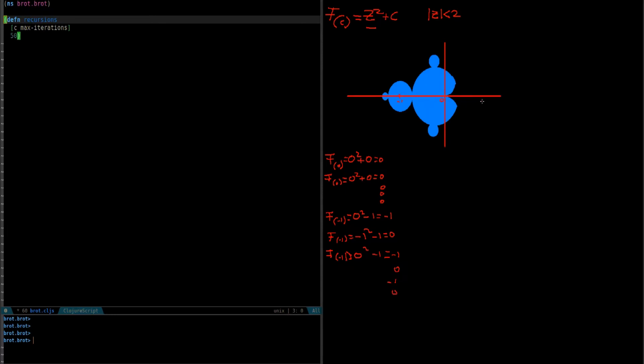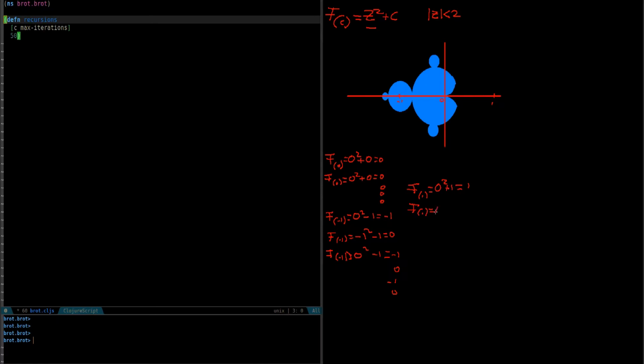Let's get a point we know is not part of the Mandelbrot set, for example, here at 1. That gives us f_1. z should start with 0. 0 squared plus c, which is 1, gives us 1. c is 1, and 1 is the output of the last function.